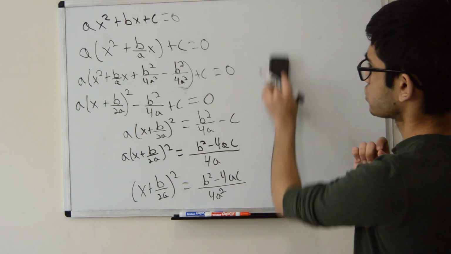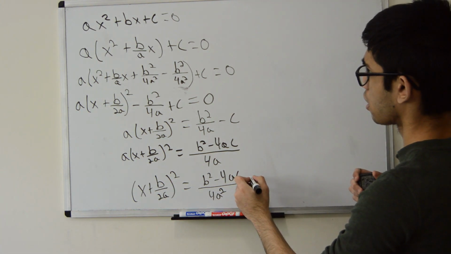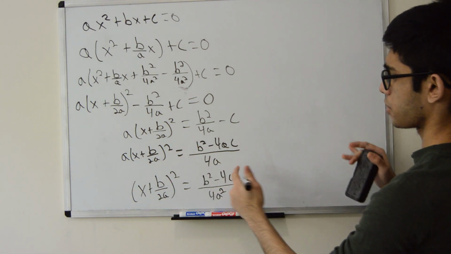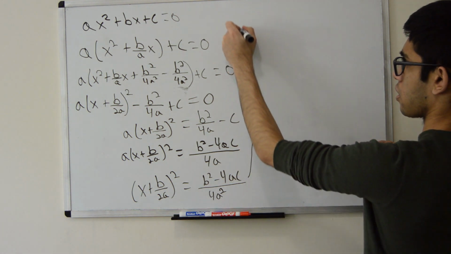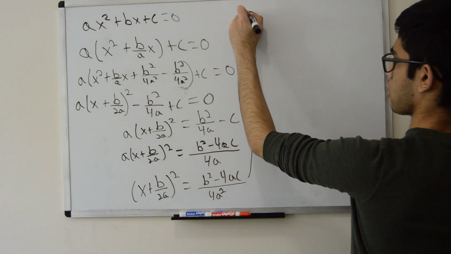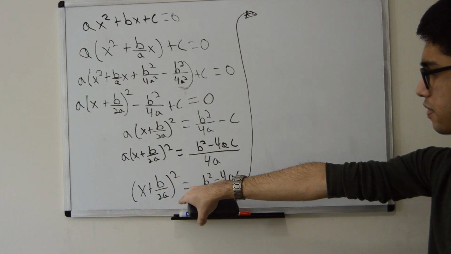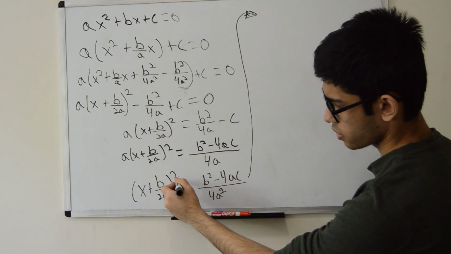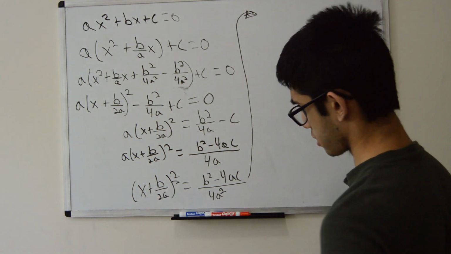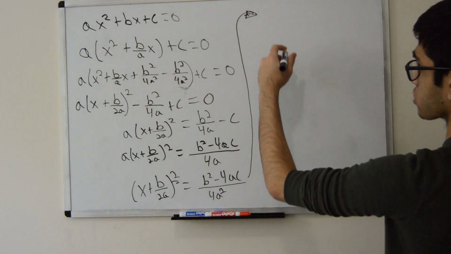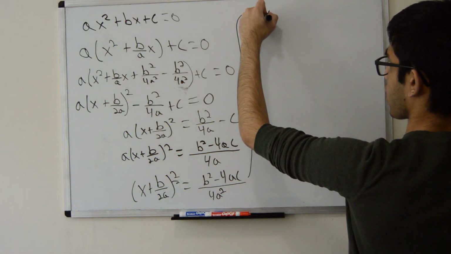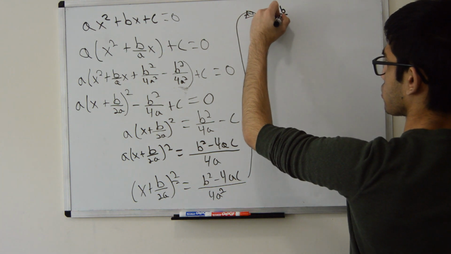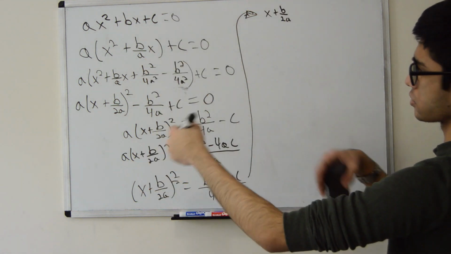Let me erase that. Actually, maybe I can finish the proof up here. Okay, hopefully you guys can follow me up here. Okay, so we have that little bit there. Now what I'm going to do is square root this entire thing because there's a square there, right? So isolating x is my concern. So I'm going to square root the entire thing, and I'm going to have x plus b over 2a, because I'm taking out the square.